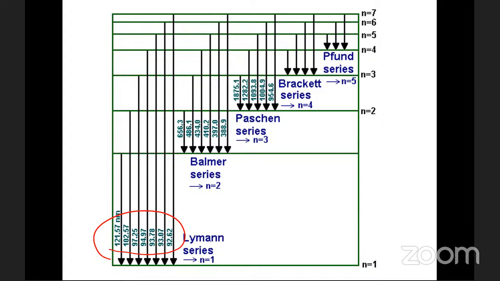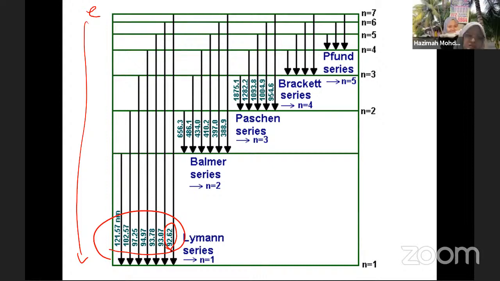You can see, let's say if the electron at N7 fall to the first energy level, can you see how much energy yang dia release? Banyak ke sikit? 62.6 je. Banyak ke sikit? Energy yang dia release. Sikit compare dengan lain.